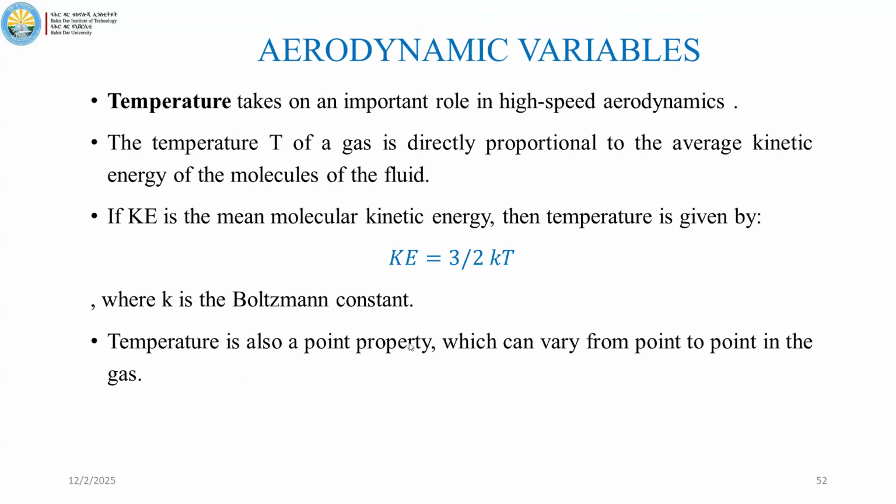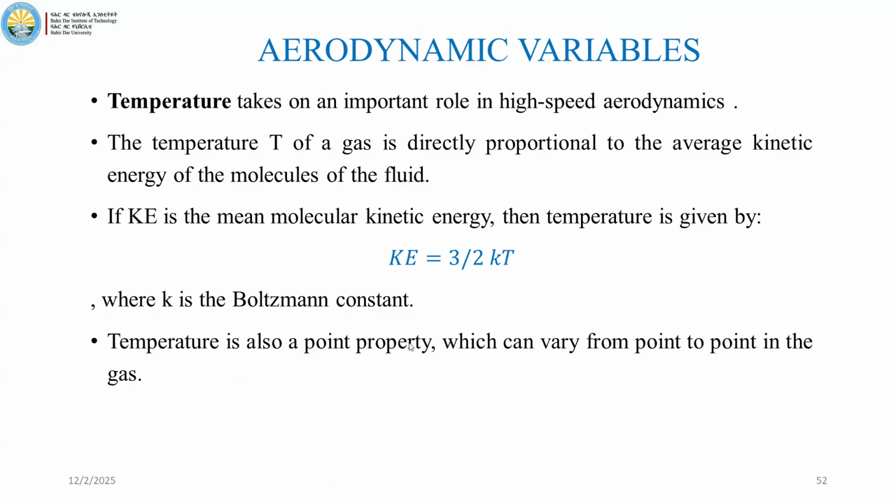Temperature is another quantity which we commonly use, and it is the gas property which is directly proportional to the average kinetic energy. This temperature can measure the hotness or coldness of a substance.